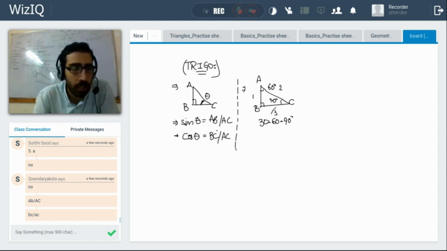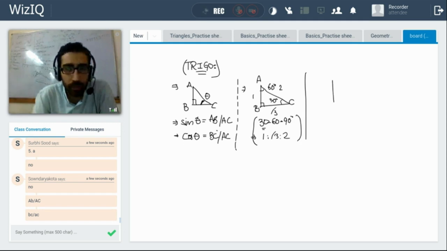You already know that the smallest side is opposite the smallest angle. So the side opposite 30 will be 1, opposite 60 will be √3, opposite 90 will be 2. That's the ratio, 1 is to √3 is to 2. So a 30, 60, 90 triangle has a ratio of sides 1 is to √3 is to 2.